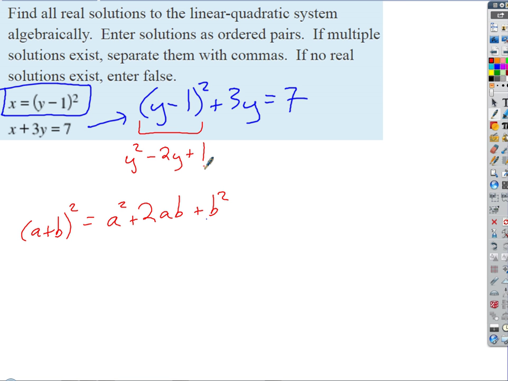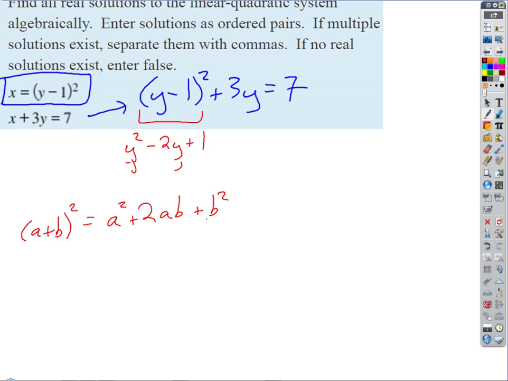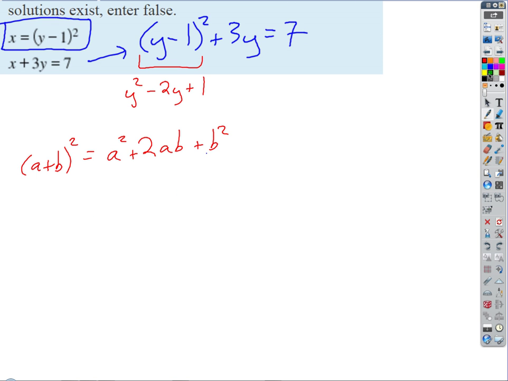I'll talk more about this when I'm with you guys at school. If that doesn't make sense, you don't have to do it that way. We could also just say that y minus 1 squared equals y minus 1 times y minus 1. You can always fall back on this and just distribute.